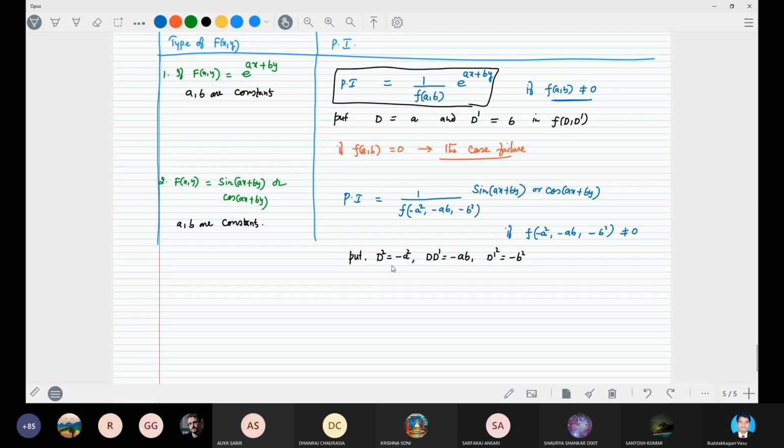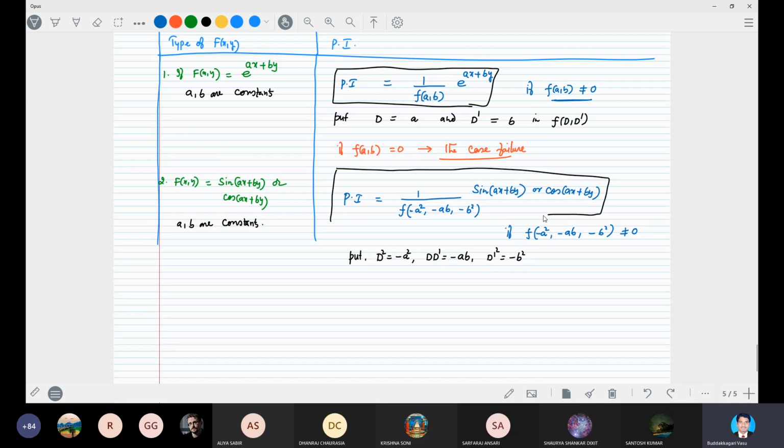You know why? Two times if you differentiate any sine or cosine, again it repeats the same with negative sign. That's why D square becomes minus a square, D D dash becomes minus ab, D dash square becomes minus b square. Clear? So this will be the particular integral.